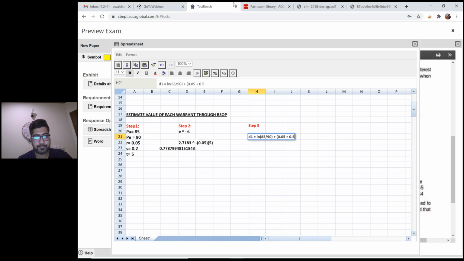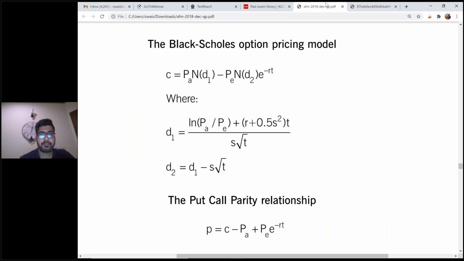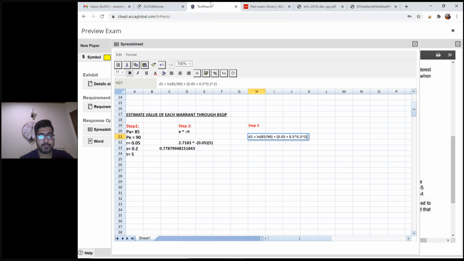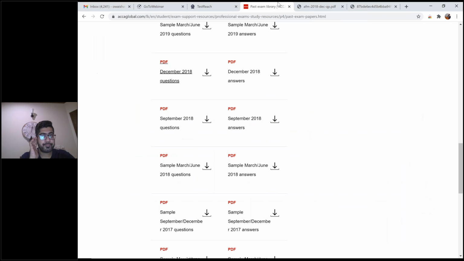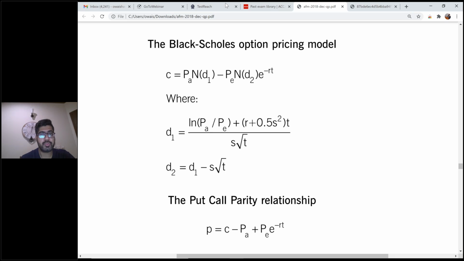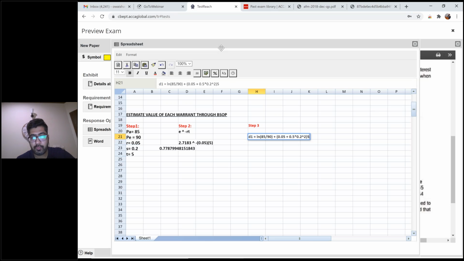0.5 S squared, S is 0.2 squared, power 2, R plus 0.5 S squared, bracket close T. What is T? 5. Whole of this is being divided by S root T. So the whole of this should come in the bracket and get divided by S root T. So what is S?